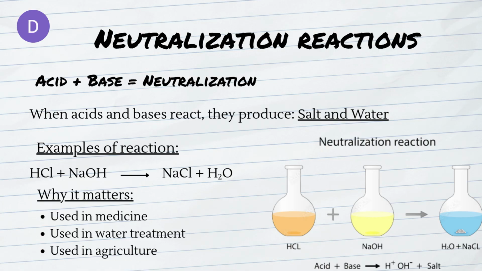Neutralization is also useful in agriculture, where the pH of soil can be adjusted to make it more suitable for growing crops. So the main thing to remember is that neutralization is the reaction between an acid and a base, producing a salt and water.